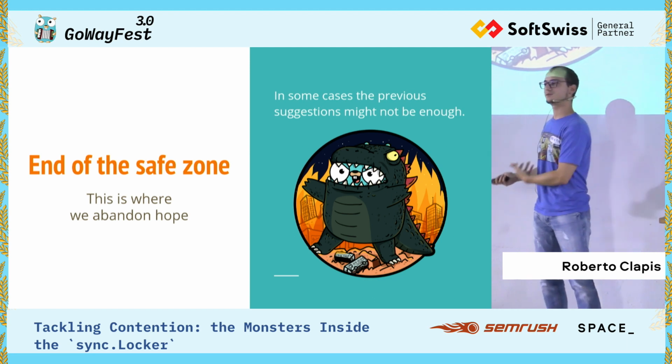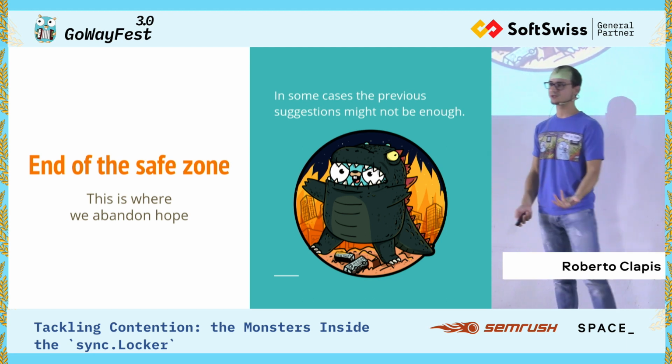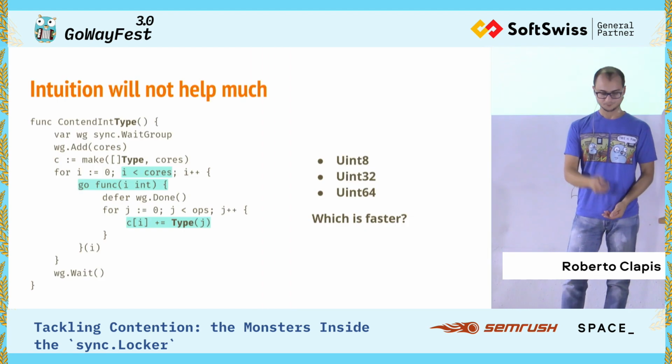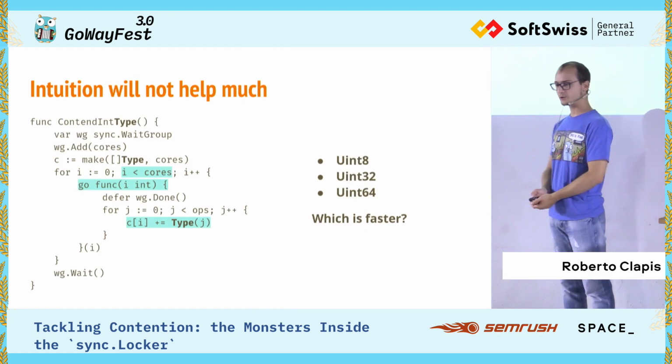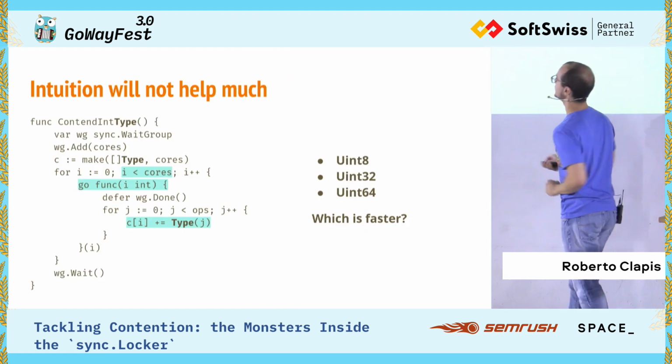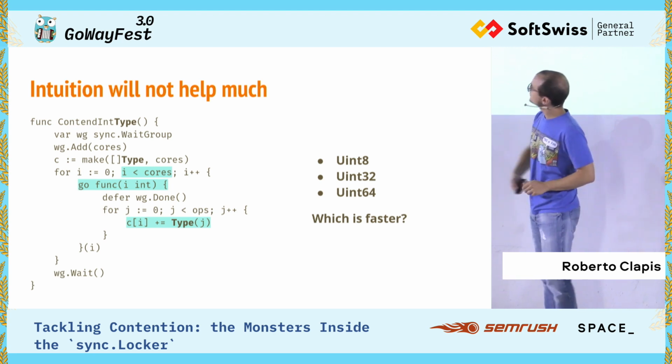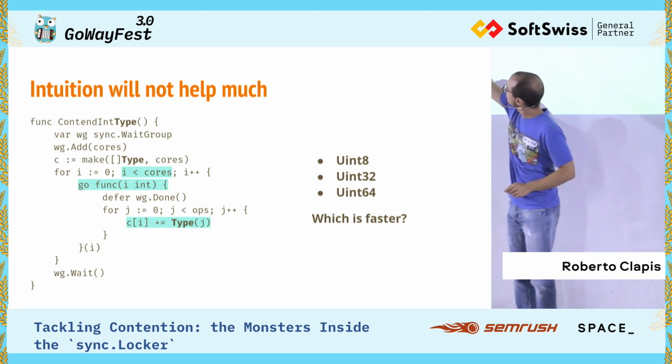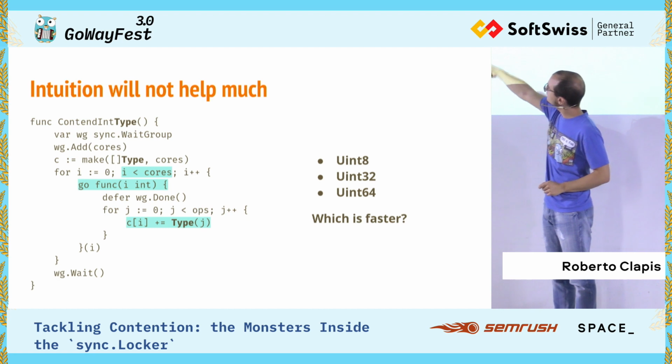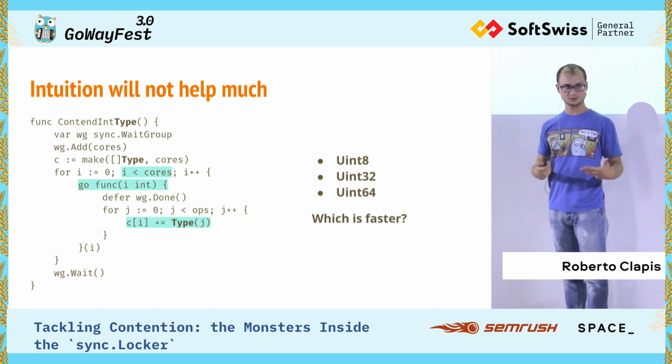But then there is something else, because hardware is not ideal. And I'm going to show you a little bit of code. This is the function, and I have a wait group. I add to the wait group as many CPU cores as I have.